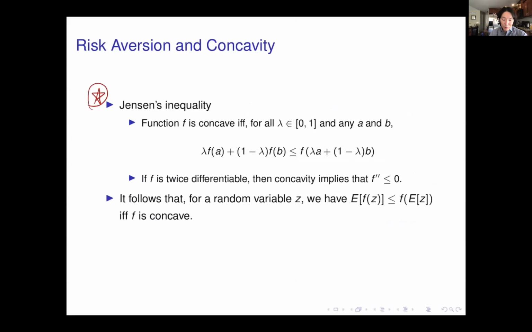Now, when function f is concave, what's the meaning of a concave function? This is the concave function, right?